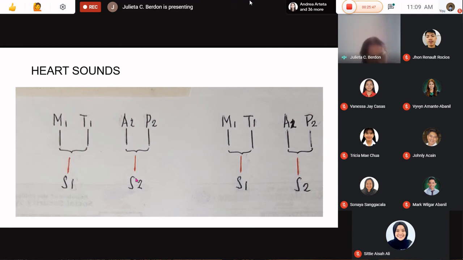But it is difficult to hear, especially for beginners, so you may not be able to appreciate the splitting of S2 during inspiration. During inspiration, P2 is delayed, meaning the closure of the pulmonary valve is delayed. Why? When you inspire, your thoracic cage expands and the intrathoracic pressure decreases, so the pressure in the blood vessels decreases.